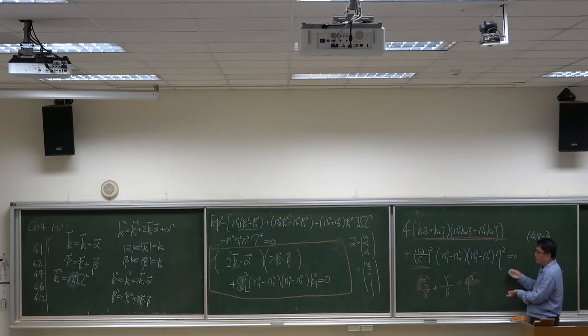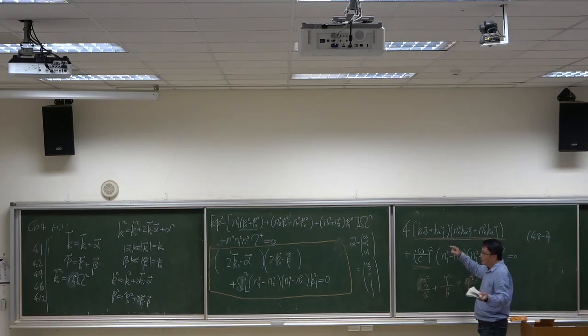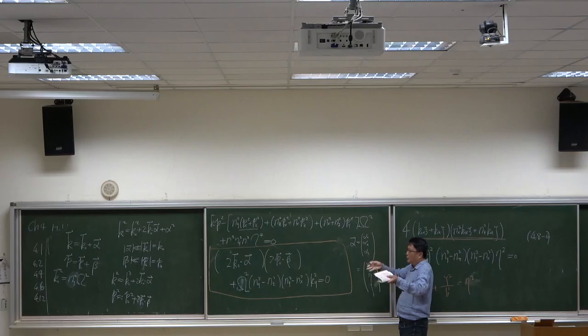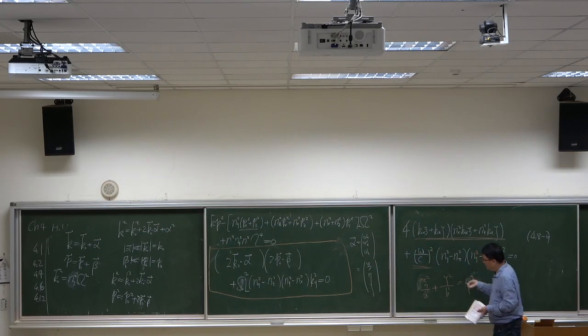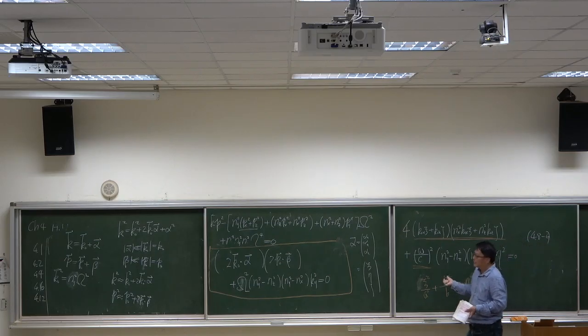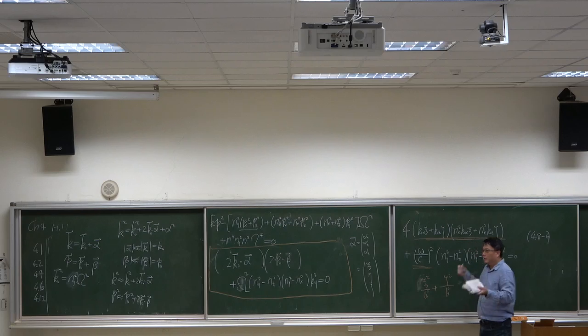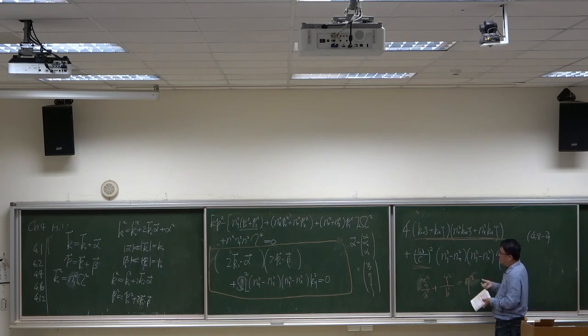And this equation describes a cone. Okay, a cone. And this coefficient can be found in the notes I gave you last week. In that note there is every detail to derive the final result in the textbook.